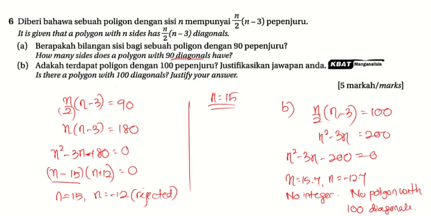Okay, can you understand this one? When you see the number of sides is a decimal, it's not an integer, so there's no polygon. Okay, no polygon with 100 diagonals.